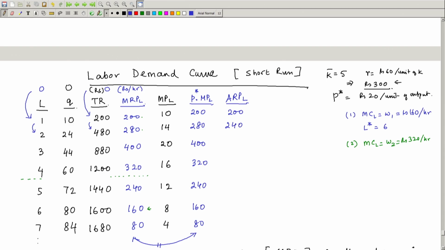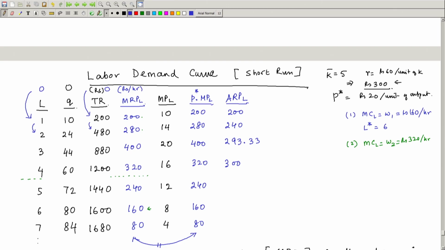With 3 labor hours I get 880 rupees as revenue. So, on an average each of these labor units is generating 880 divided by 3, which is 293.33. Similarly, 4 labor hours is contributing a total revenue of 1200. So, that is generating an average revenue of 300 rupees per labor hour.